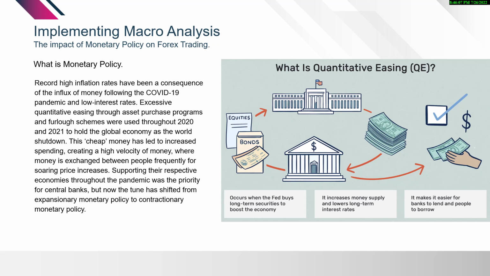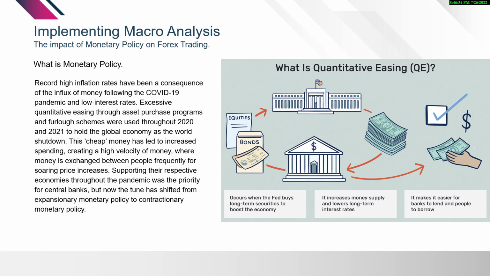So this was just done to hold the global economy as the world was under shutdown. So this cheap money has led to increased spending, thereby creating a high velocity of money where money is exchanged between people frequently for soaring price increases. Supporting their respective economies throughout the pandemic was a priority for central banks.